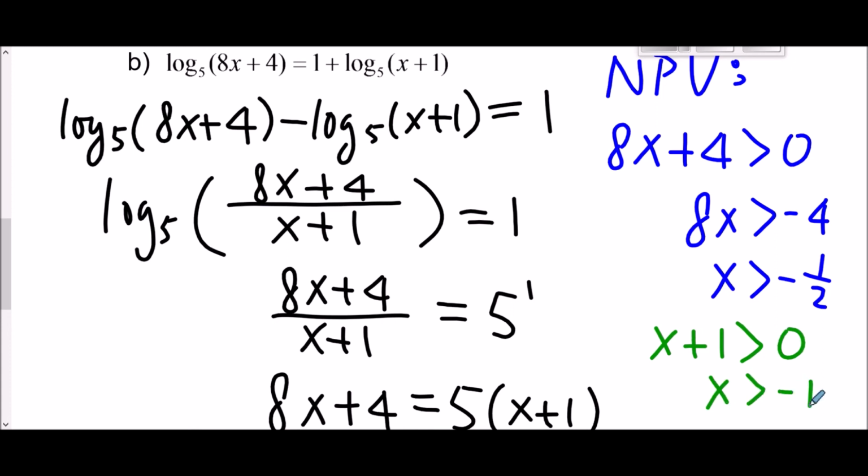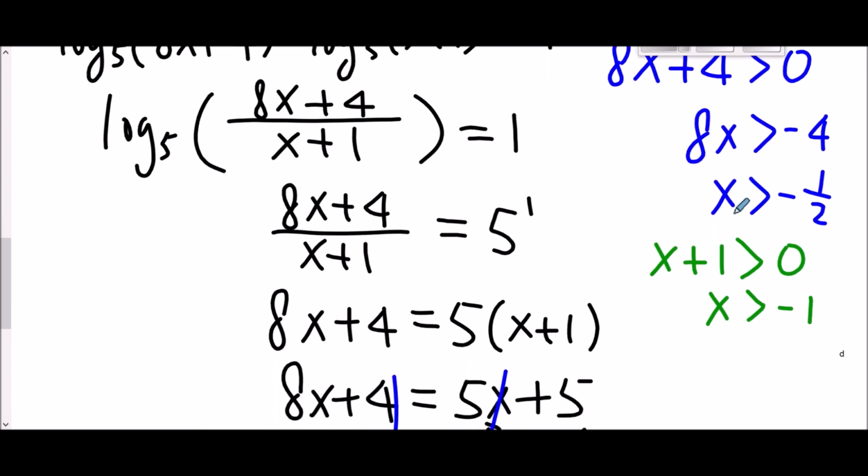So now you have two restrictions. Which one is the final restriction? Again, you can draw this. x has to be greater than negative 1/2, and then this one says x has to be greater than negative 1.